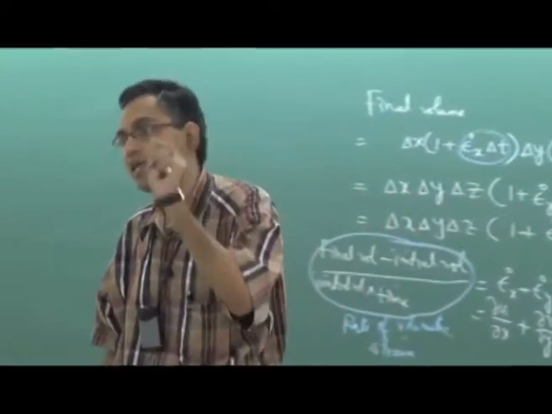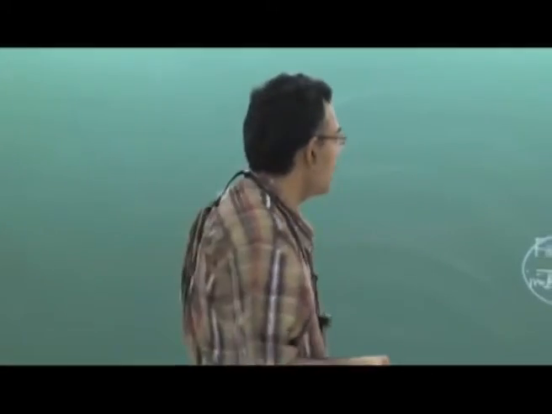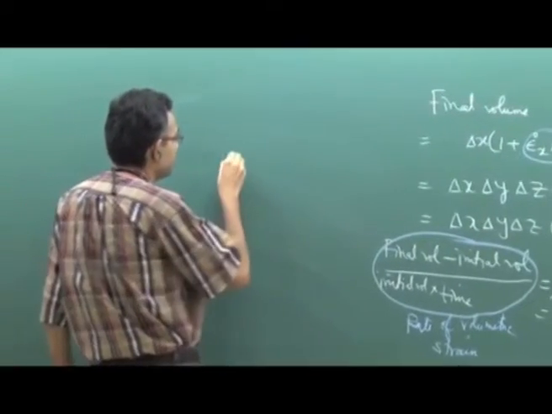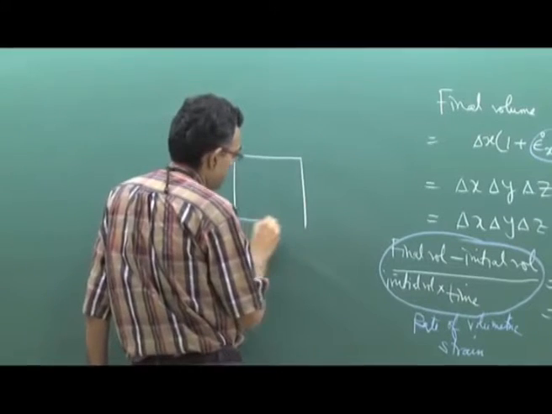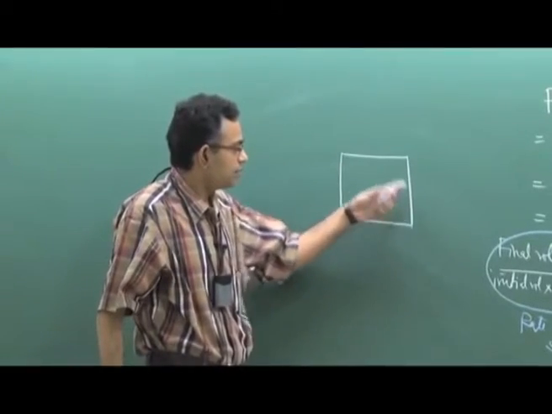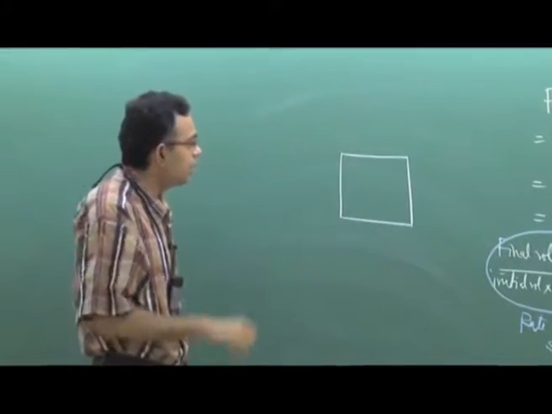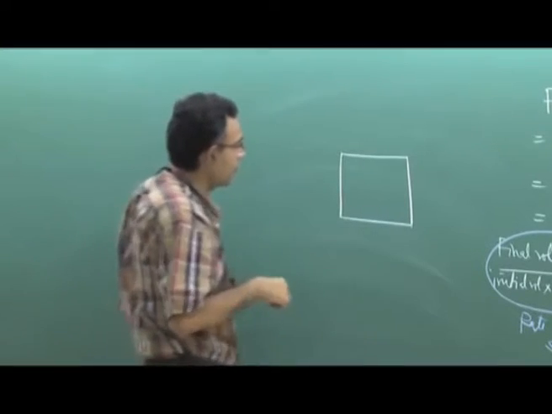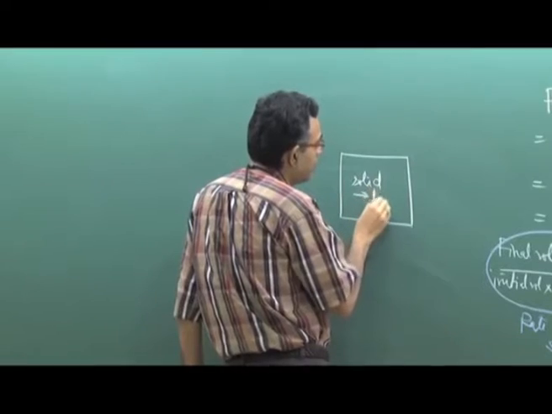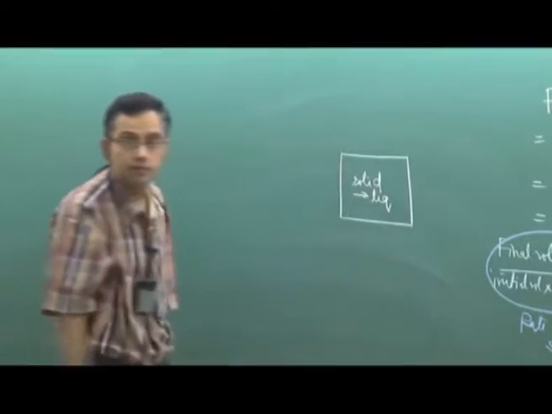That is a constant density incompressible flow, but you can also have variable density incompressible flow. So, let us take an example. Let us say that you have a domain in which some solid phase is converted into liquid phase.